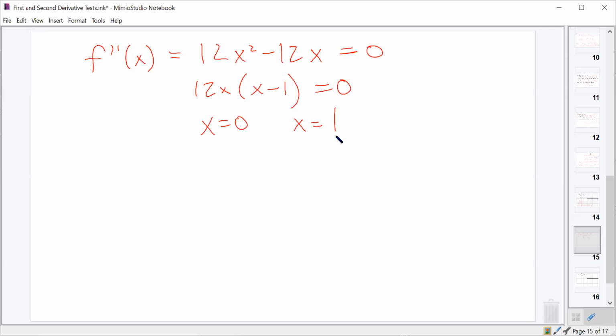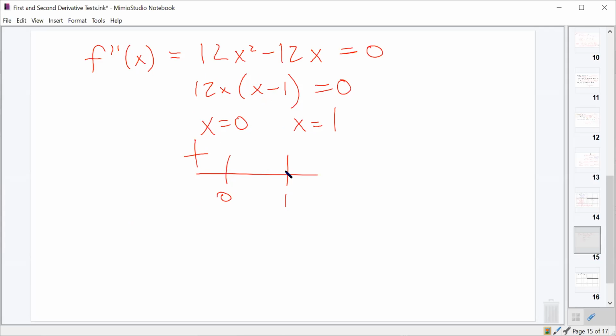Good or no? Good. All right. So we'll make a sign chart, 0 and 1, and plug in some values in between. So less than 0, a negative value, right? That's going to give us a negative here and a negative here. So a negative times a negative should give us a positive.